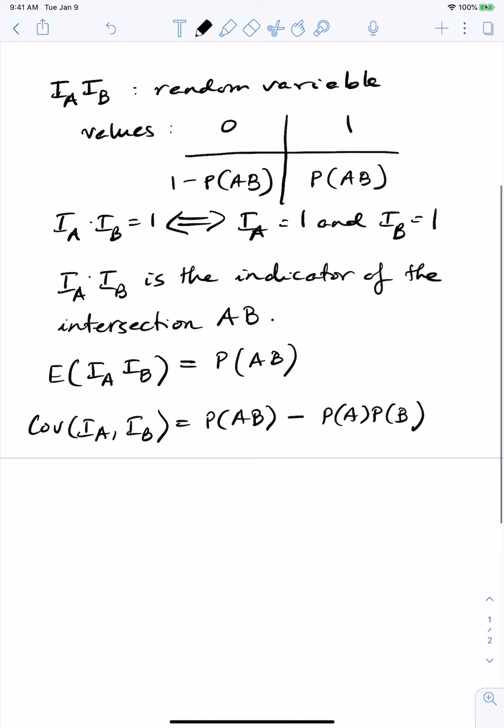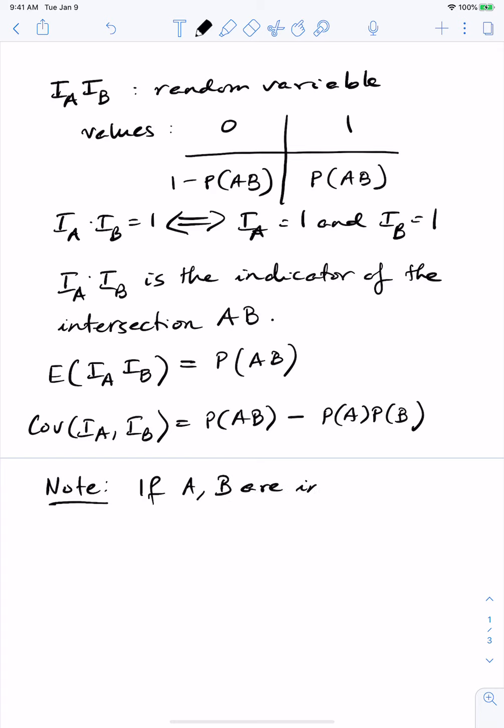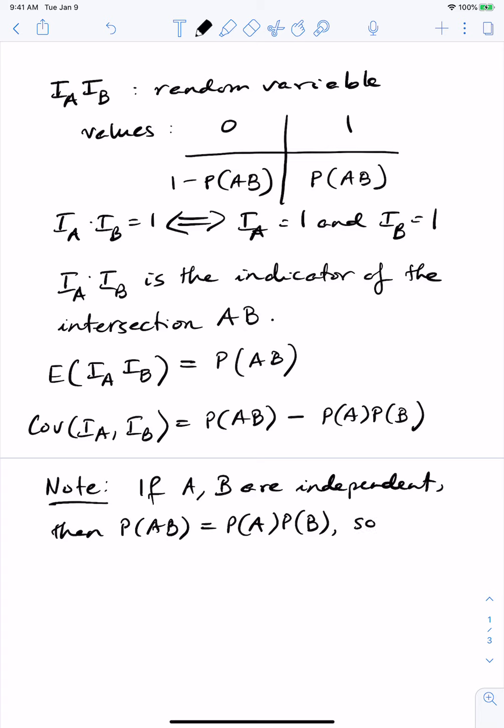And so now clearly this is picking up some way of measuring the amount of dependence between the events A and B. So let's note, if A and B are independent, then the chance of the intersection is equal to the product of the unconditional chances. So the indicators are uncorrelated.